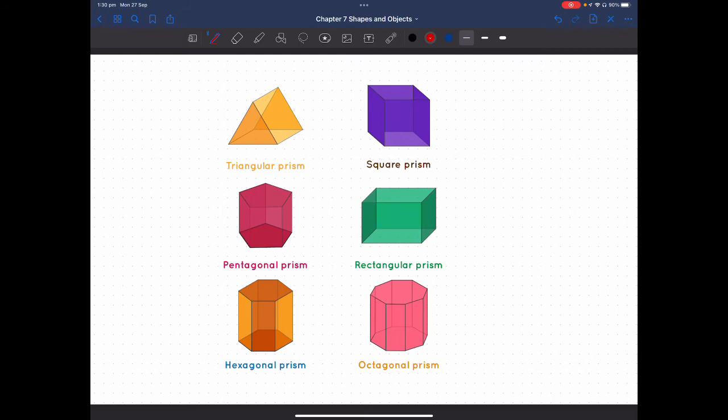A pentagonal prism because its ends are pentagons. A rectangular prism because not all side lengths are the same. Hexagonal prism because its ends are hexagons, and octagonal prism because its ends are octagons.